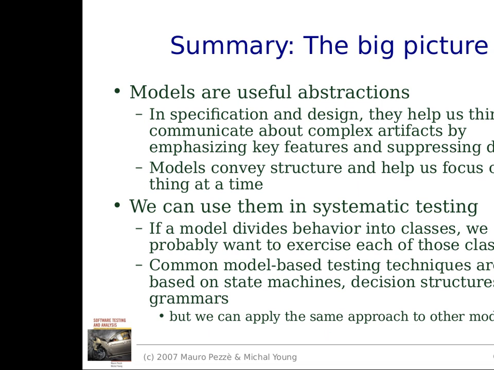Well, hopefully don't matter, I should say. They also help with conveying structure. You can use them in systematic testing. Notice, like I was saying, that you can use the grammar for integration tests. To some extent, you can start working on system tests as well with this, if you can actually push it all together, which would be great. Common model-based testing techniques are based on state machines, decision trees, and of course grammars, but we can apply the same approach to other models as well.